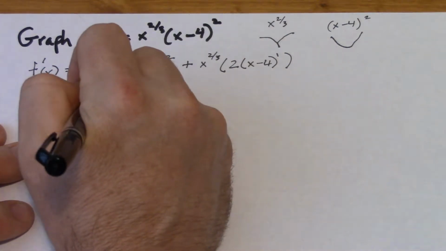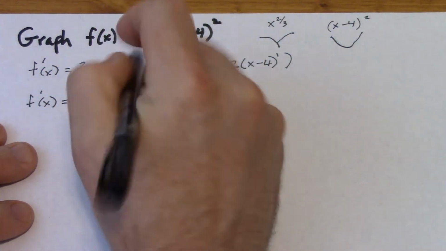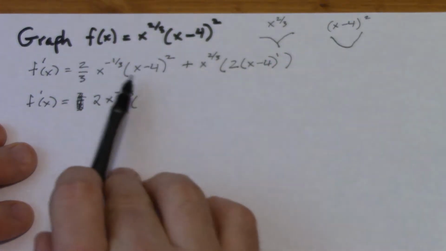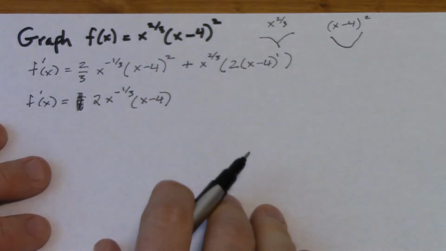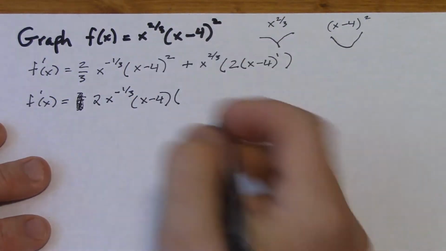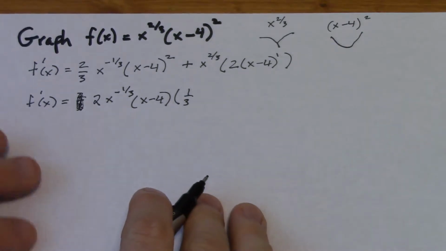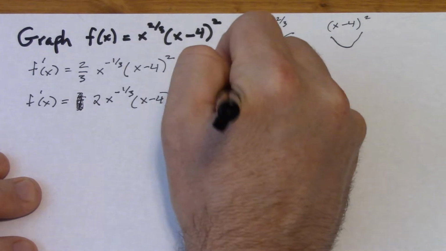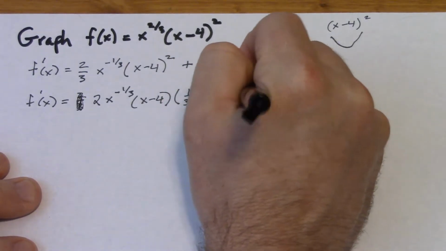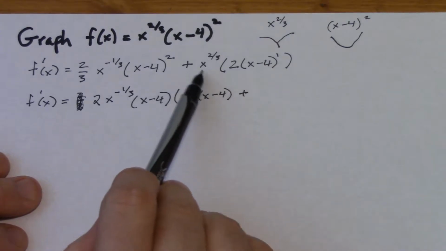So we're going to have 2 x to the negative 1/3. And we can also factor out an x minus 4. Okay? And what we'll be left with is 1/3 x minus 4 out of this. Okay, and clearly the 2x minus 4 factors, so we're left with x to the 2/3.